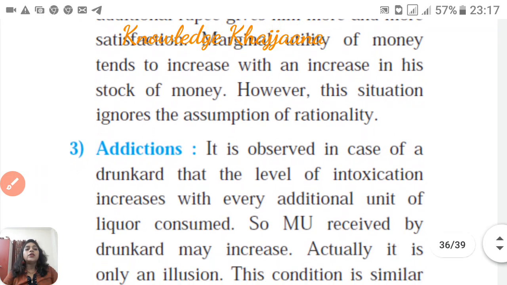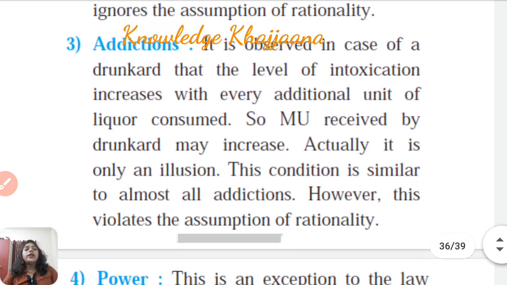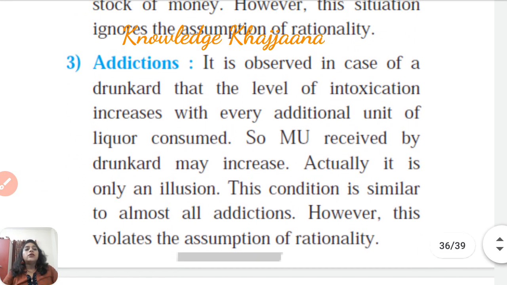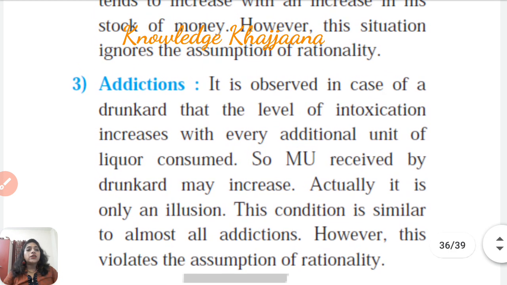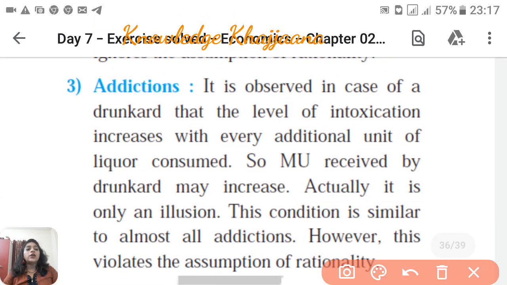Next, three, addictions. It is observed that in the case of a drunkard, the level of intoxication increases with every additional unit of liquor he consumes. So marginal utility received by a drunkard may increase with the increase in the consumption of liquor.